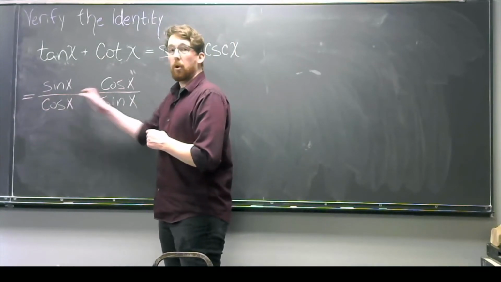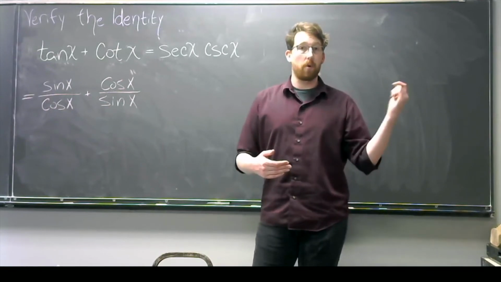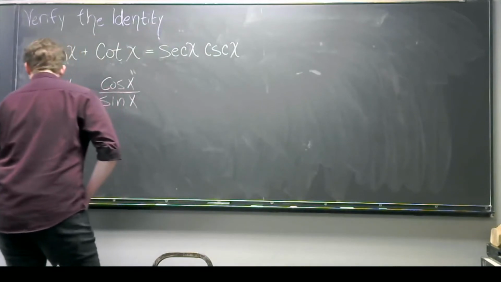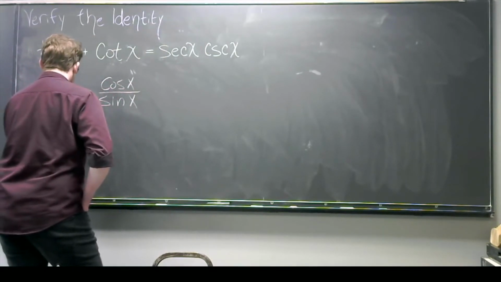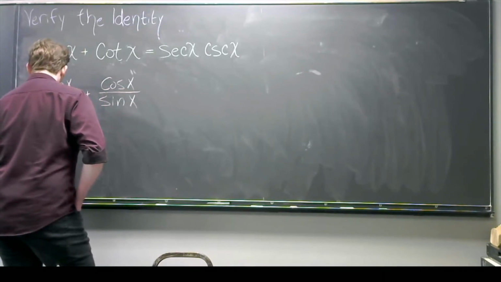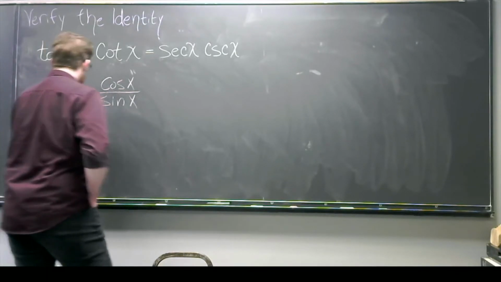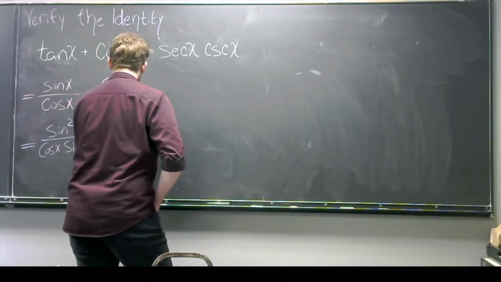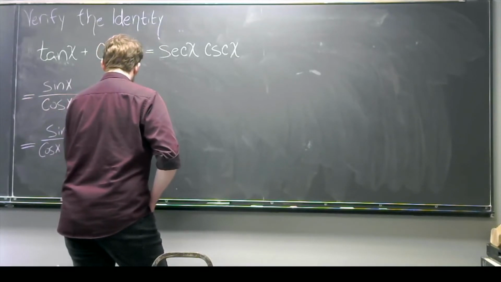We're going to multiply both of these fractions by 1, using that same trick from earlier. So when we do, what we're going to end up with is sine squared x over cosine x times sine x plus cosine squared x over sine x times cosine x.